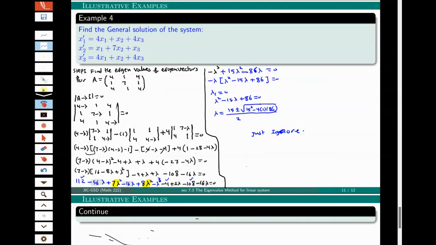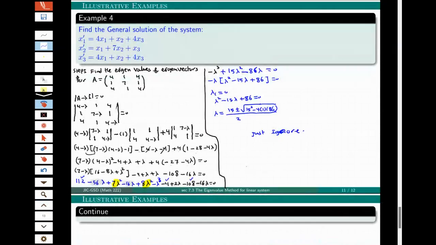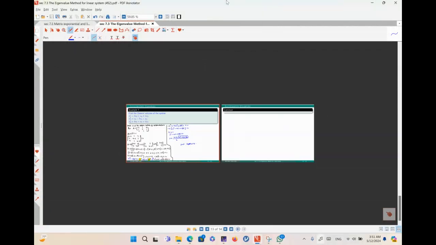We are interested only in distinct linear, unless I have done an arithmetic mistake, anyway, that's not suitable for our final in this category. We will focus only on distinct eigenvalues, not complex eigenvalues. Okay, that's all for this section.